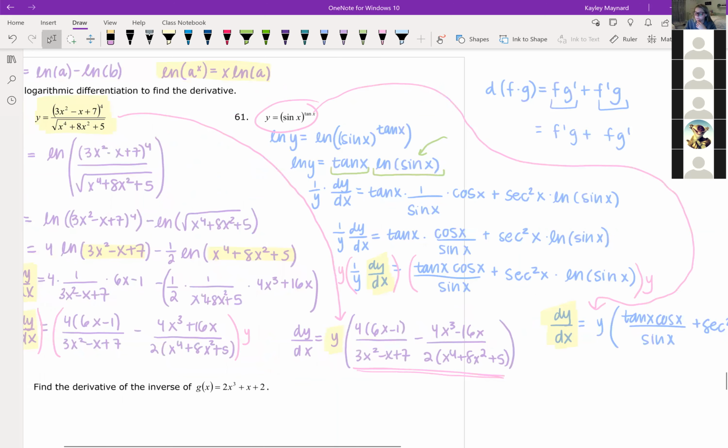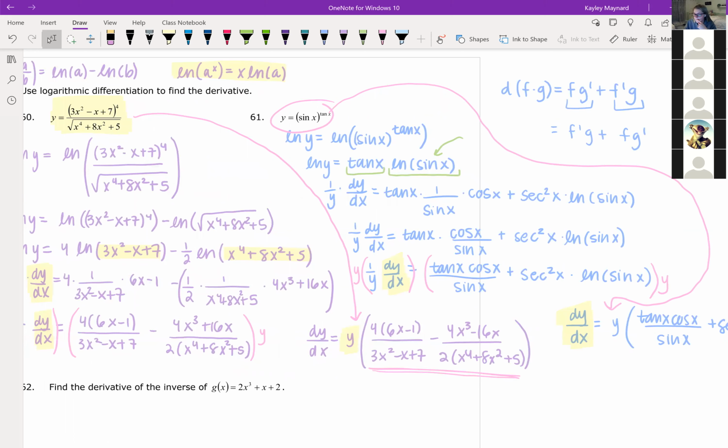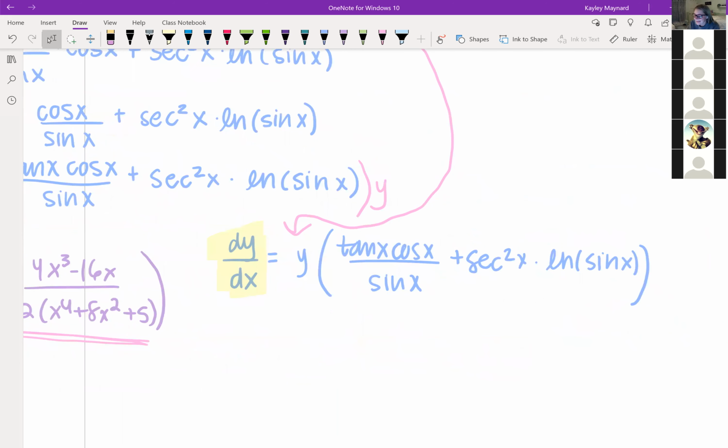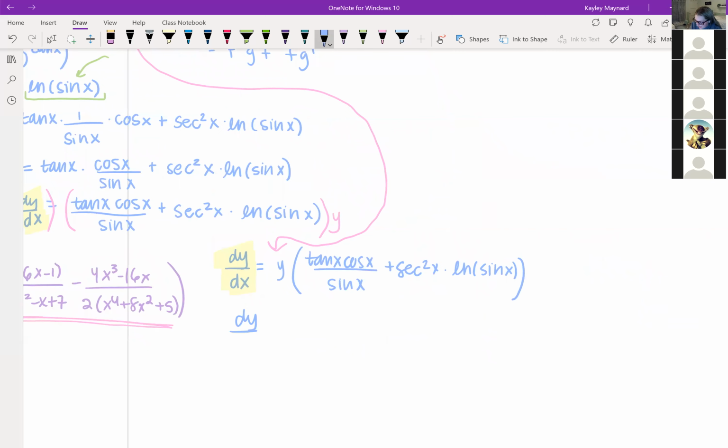Anyone have any questions on that process? So cotangent times tangent equals 1, right? Yeah, that's what I was getting at earlier. You could plug in 1, but I felt like I was confusing everyone, so I just went through the process. But yes, this is just 1. So this would be dy dx equals, if I plugged in the y, sine x tangent x, and then here I would have 1 plus secant squared x times ln of sine x.